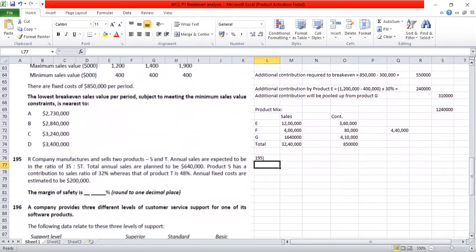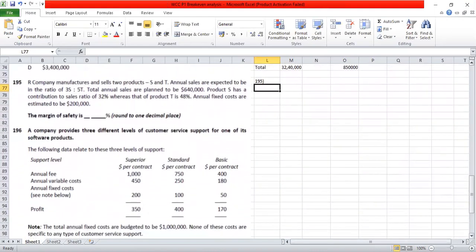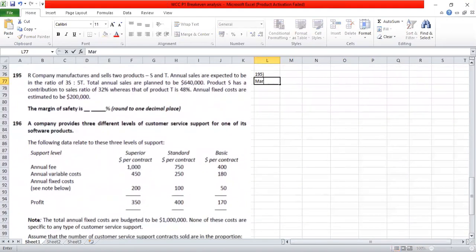We are asked to calculate what is the margin of safety percentage, which is equal to margin of safety divided by budgeted sales into 100. That's the formula.